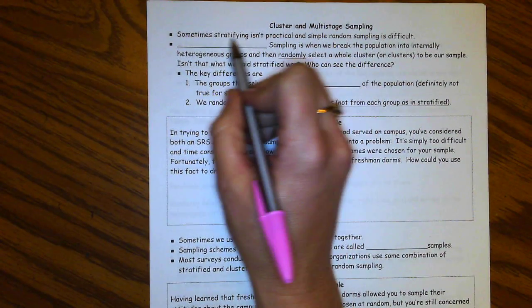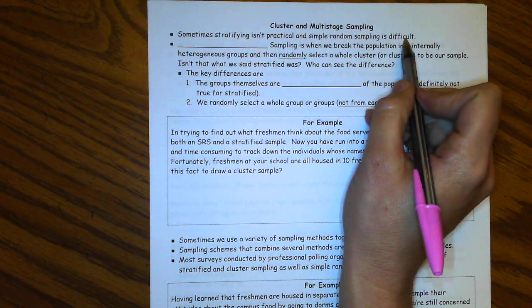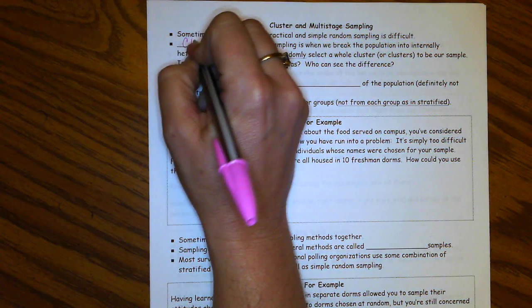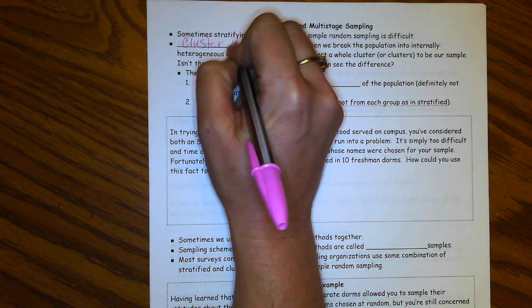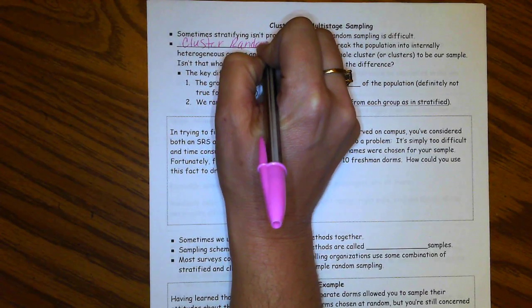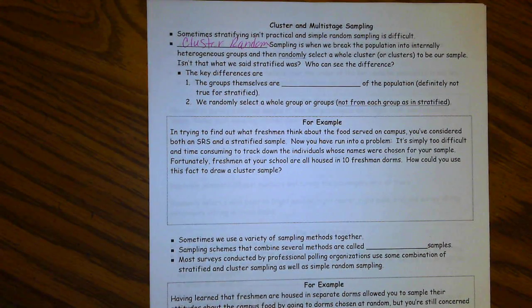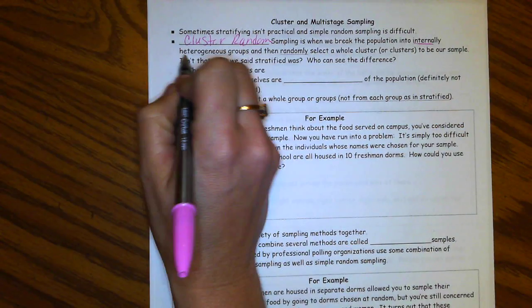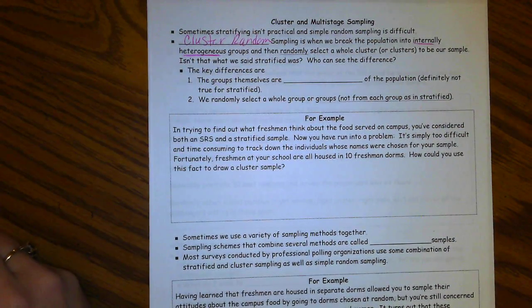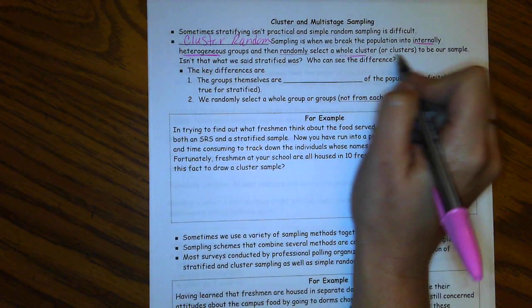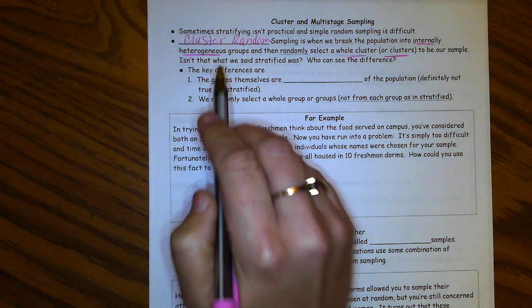Sometimes stratifying isn't practical and simple random sampling is difficult. Cluster random sampling is when we break the population into internally heterogeneous groups and then randomly select whole groups to be our sample.